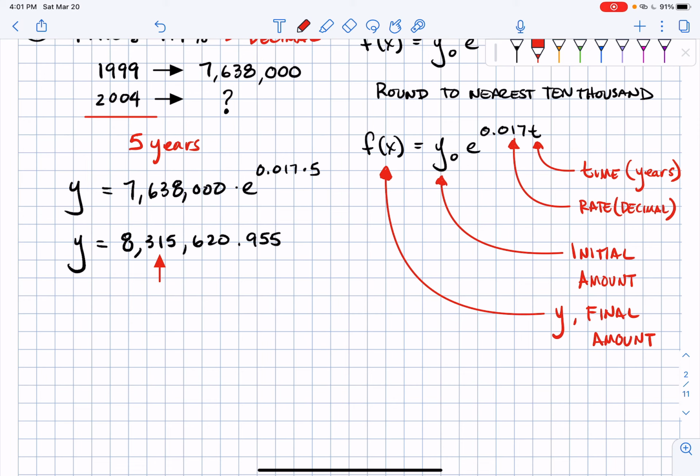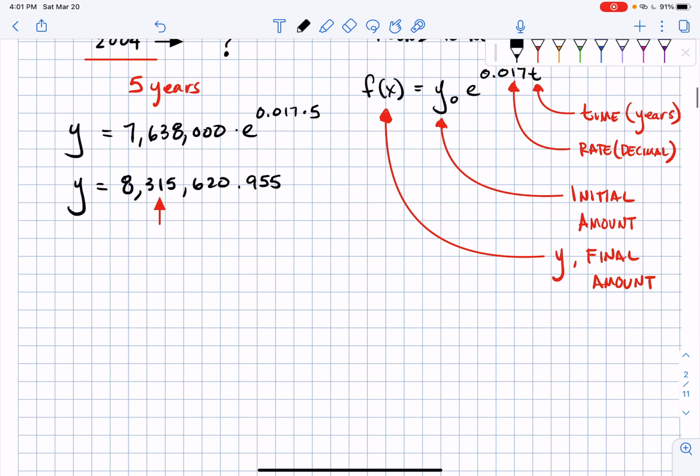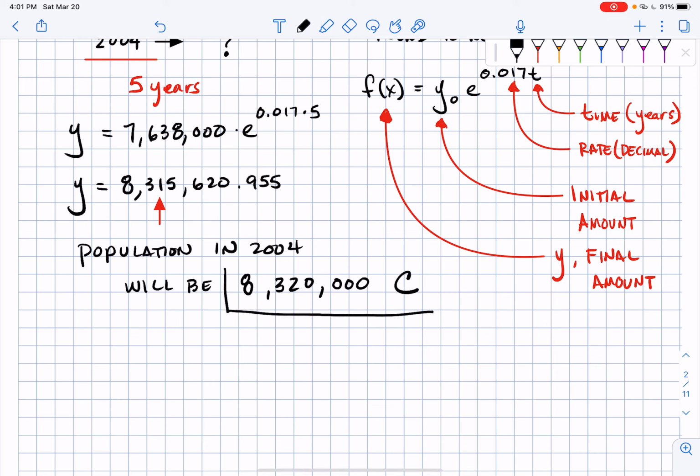So with that being said, that means the population in 2004 will be about 8,320,000 people. Okay, and with that being said, we have choice C, and that would be my answer there.